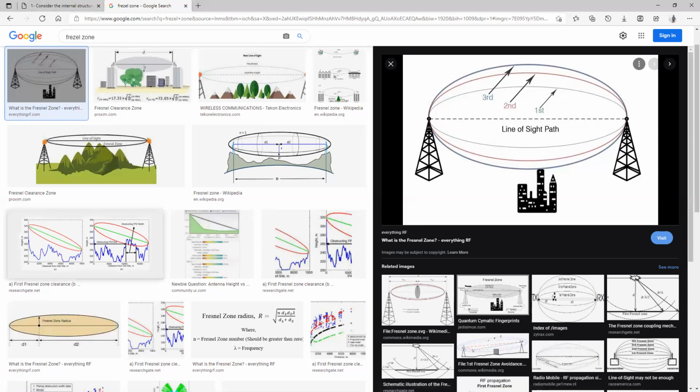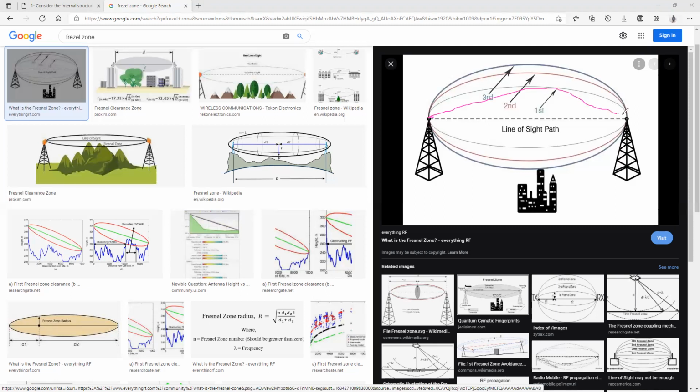There are other lines of communication. A signal can also travel like this, at this particular angle as well. At some point, it will reflect back and come down. It can also bounce from an obstacle and come back.